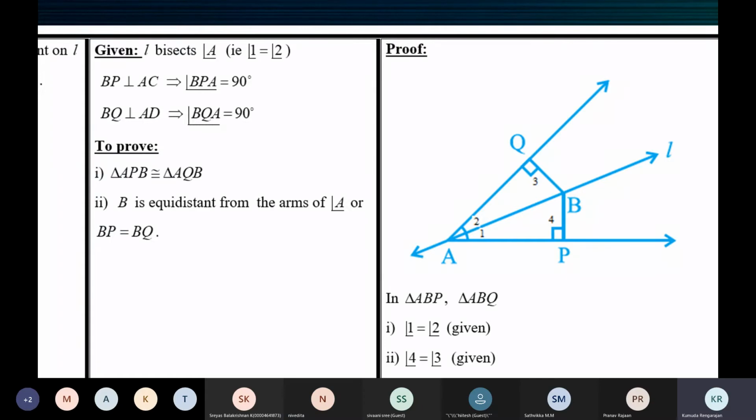Now repeat. What are BP and BQ? You must use the words from and to.